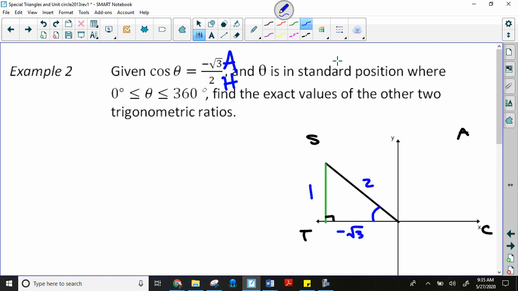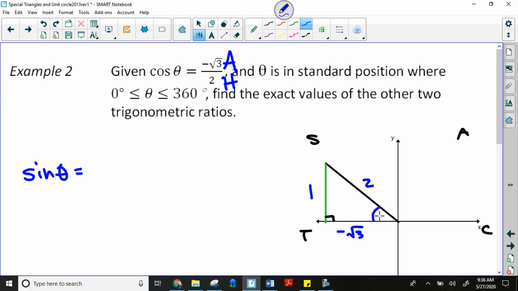So we want to find the exact values of the other 2 trig ratios. Okay, this is cos, so let's do sine. Sine of this angle, which if we look back at our special triangles, we're going to know that this angle is 30, so the actual given angle, theta, is 150.